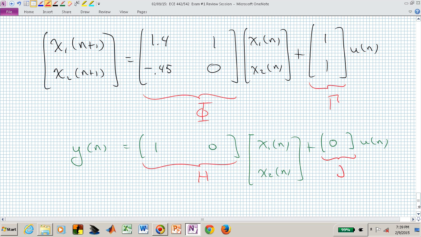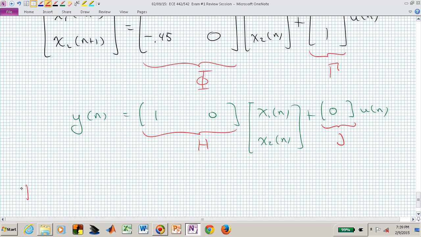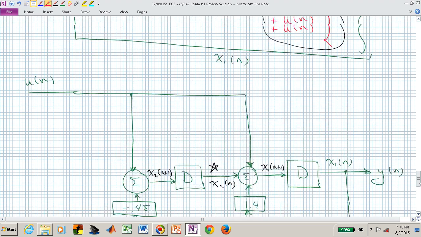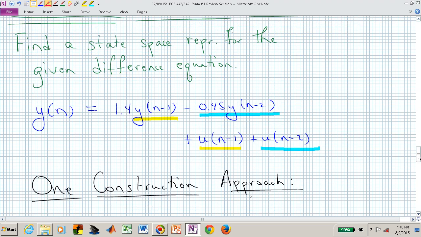And now you could answer, is that system stable? And now do you see what we started with? We could have started with that difference equation.